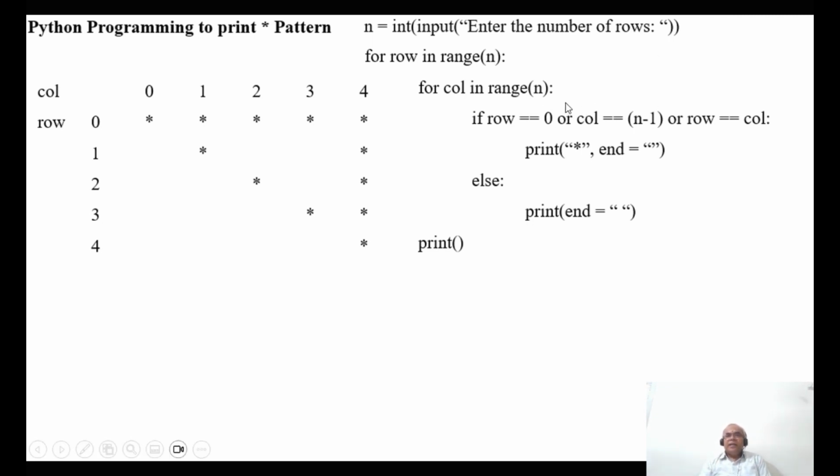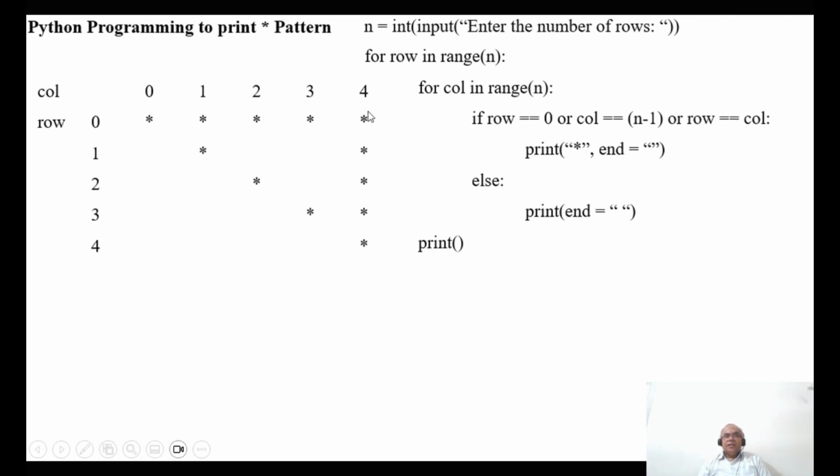What are the conditions under which I want to print? So, if row is equal to 0, or, that is logical OR. So that means if any one of these conditions is true, then I have to print. That is the meaning of that. Column is equal to n minus 1. So in row 0, we are printing all the stars if that condition is true.